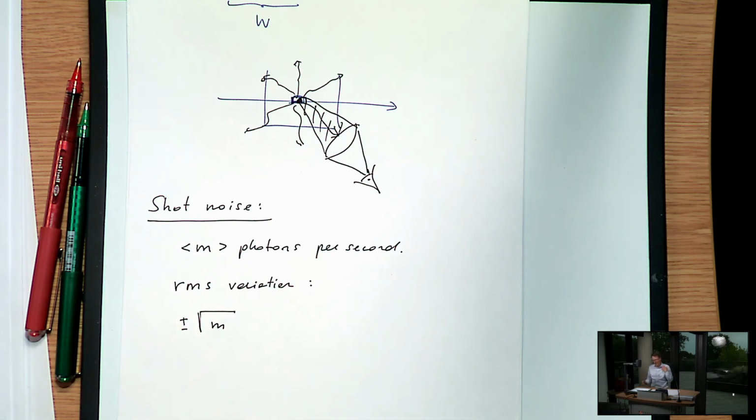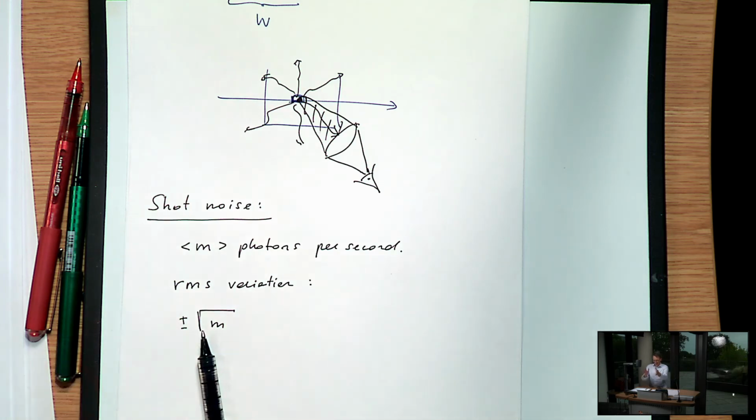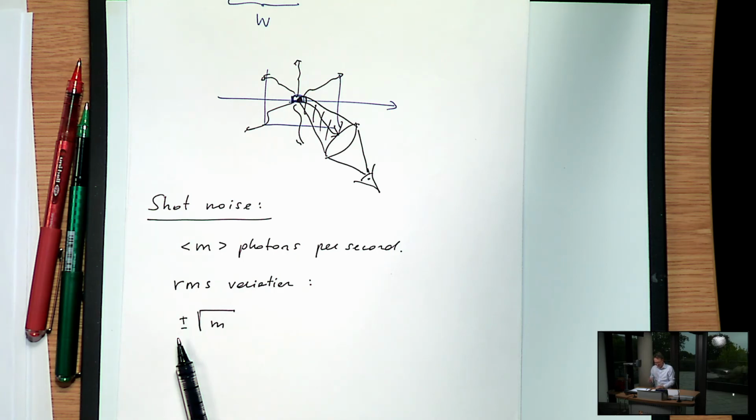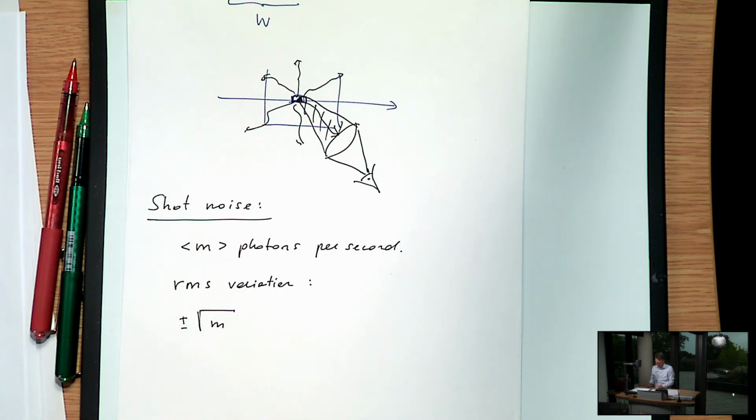So in other words, if you have an average intensity that corresponds to 10,000 photons per second, the actual fluctuation, the RMS noise on that, is plus or minus 100 photons. So that's how the signal will vary within these bounds.